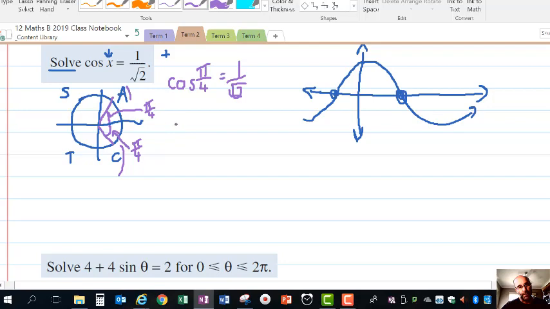That would make the solution pi on 4, which corresponds to that angle there, but if you go counterclockwise around till you get there the correct way, you'll have 2 pi take pi on 4, which is 8 pi on 4 take 1 pi on 4, which is 7 pi on 4.